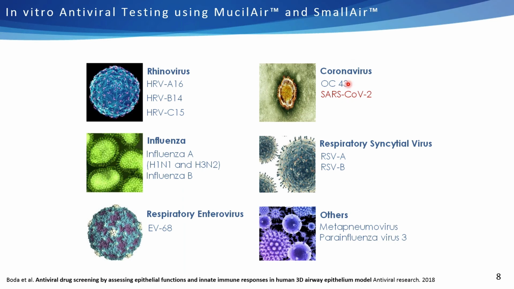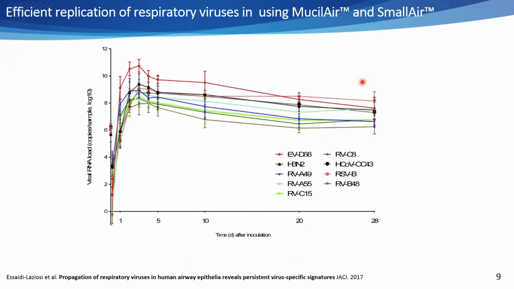And finally, coronaviruses, initially with OC43, but we have now transposed these models to SARS-CoV-2, and I will discuss it in the coming slides. But before, how were they efficient, and why do we use them?